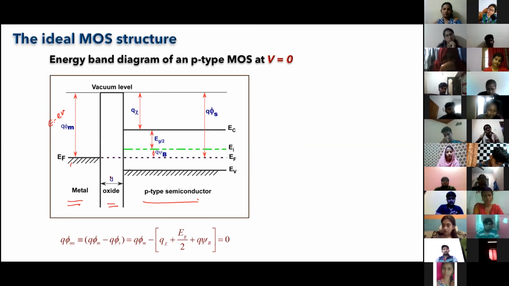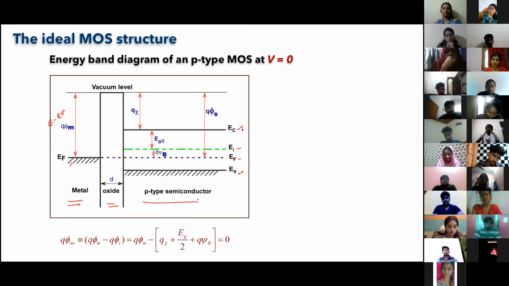Similarly, this is an oxide layer, and it has a large band gap, so it's not fully shown here. It has a band up to really high energy, a high band gap. When you come to the semiconductor, it has a valence band, the Fermi level here, an intrinsic level, and a conduction band.